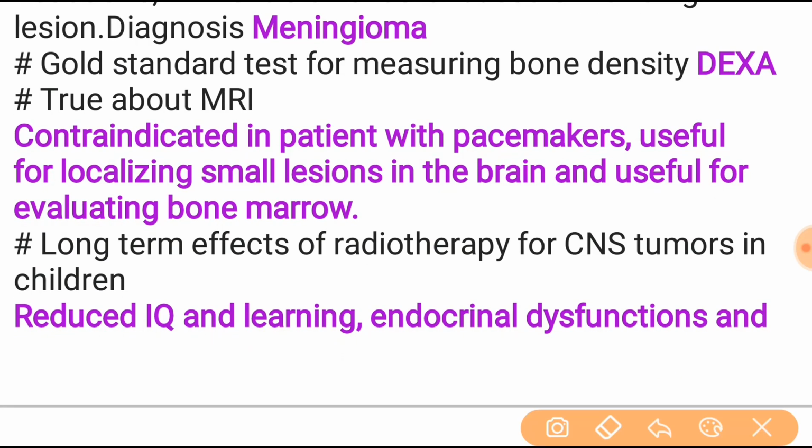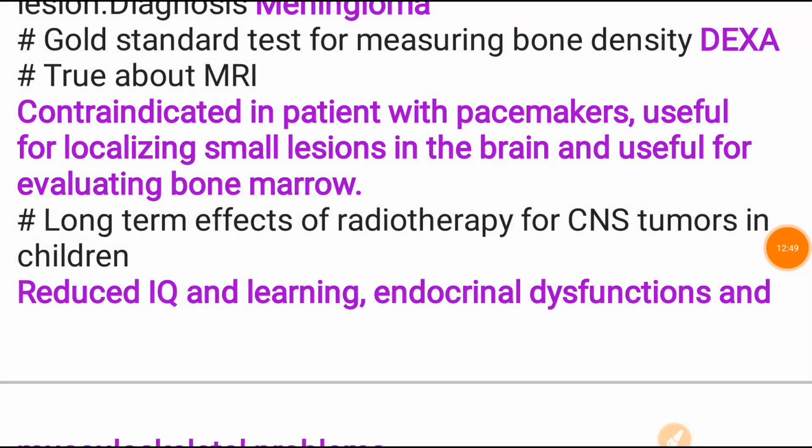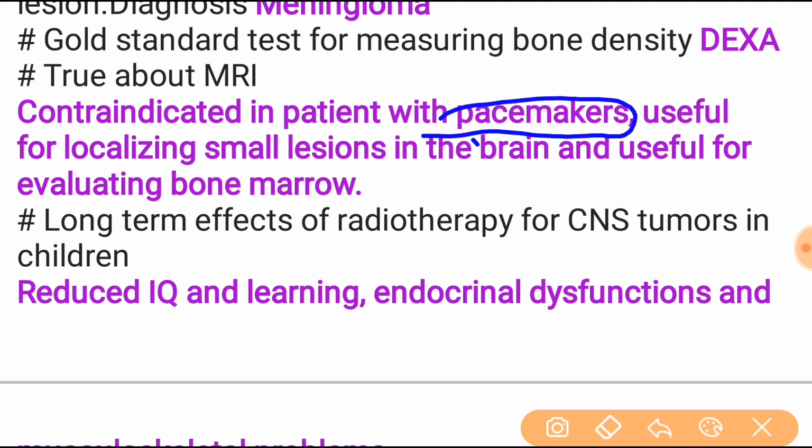The gold standard test for measuring bone density will be DEXA scan. True about MRI: contraindicated in patients with a pacemaker. Always remember, if the patient has a pacemaker, then MRI can't be done.